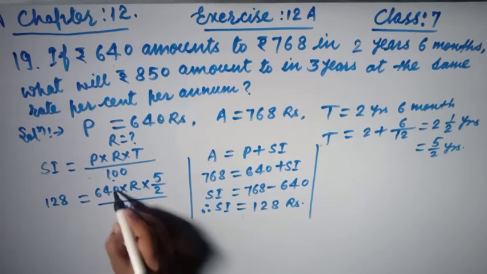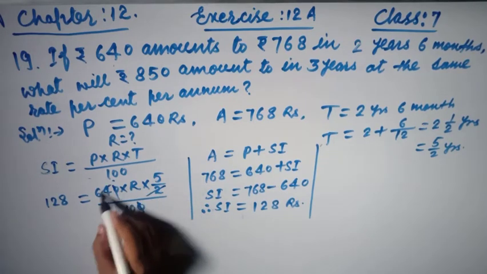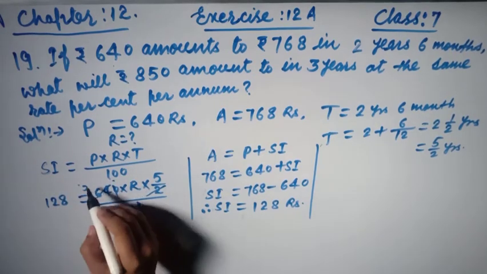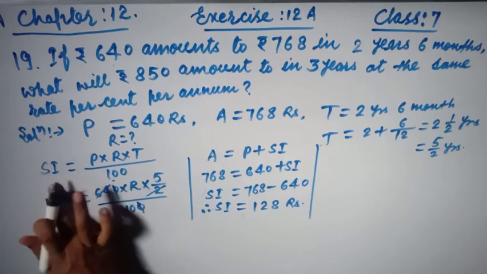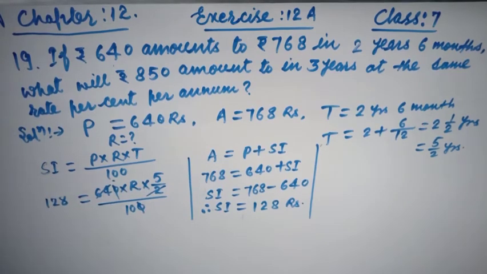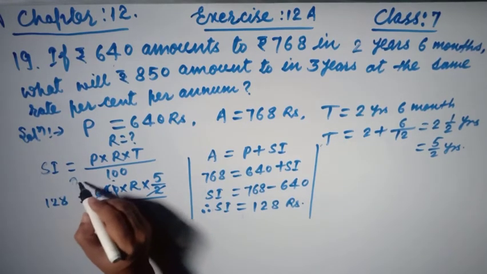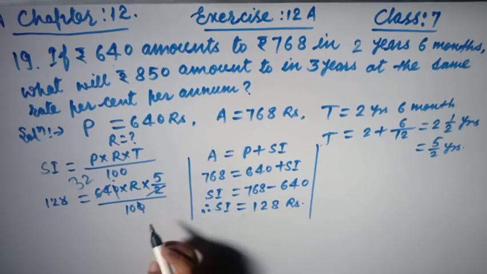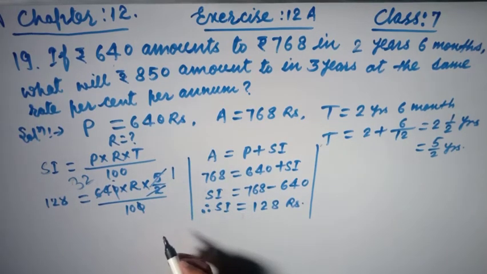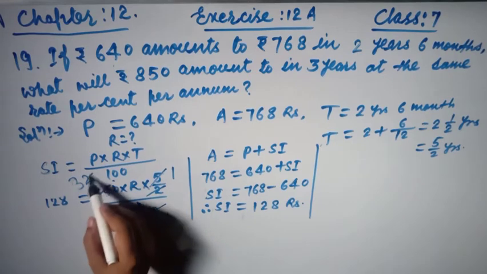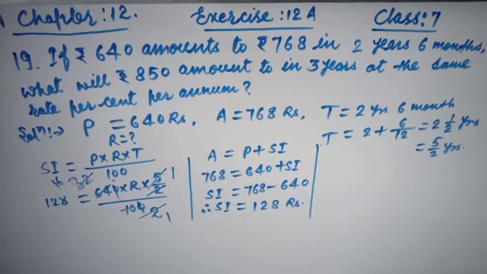Now see friends, 10 will get cancelled, and 64 and 32 will get cancelled, leaving 2 and 1.